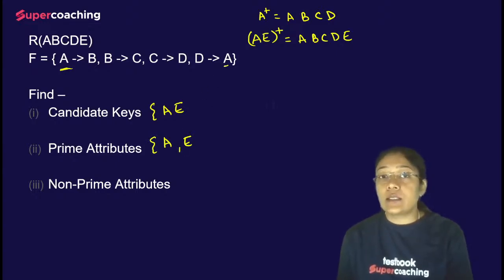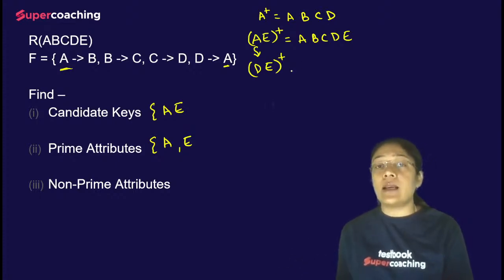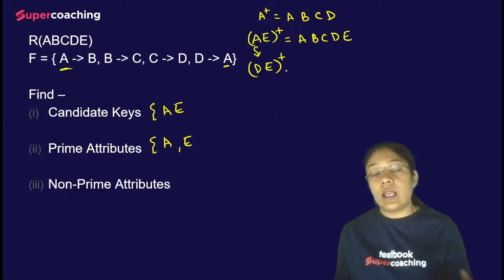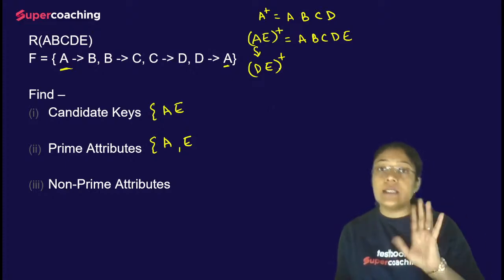Now since A is present on the right hand side of D, we'll replace this A with D, and we'll get DE closure. There is no other possibility here; E will come in every key, and E is not determining any attribute except itself. So along with E, there will be at least one attribute.